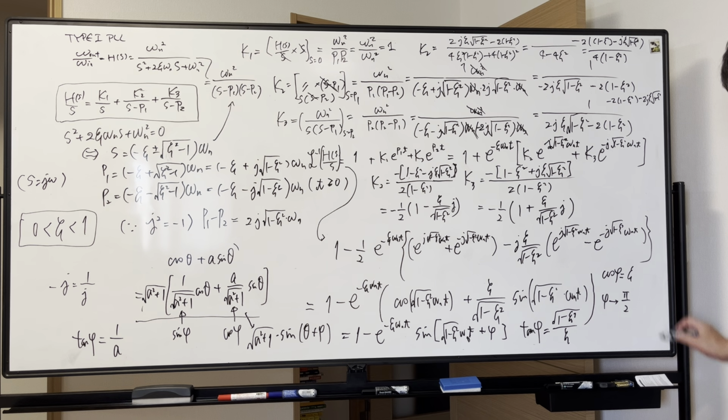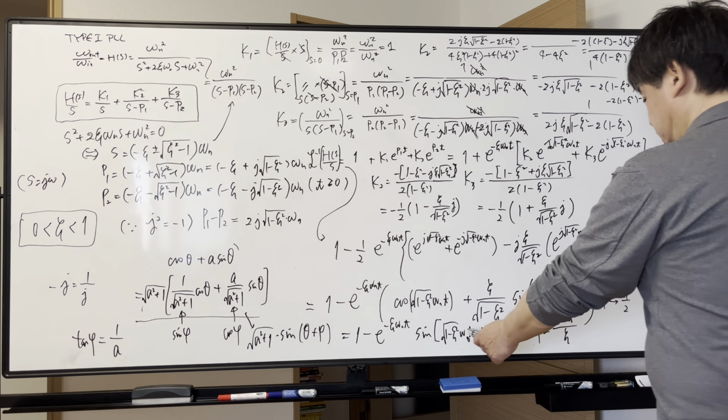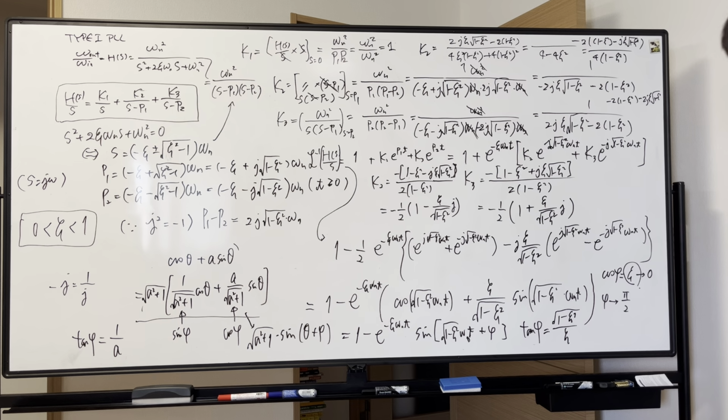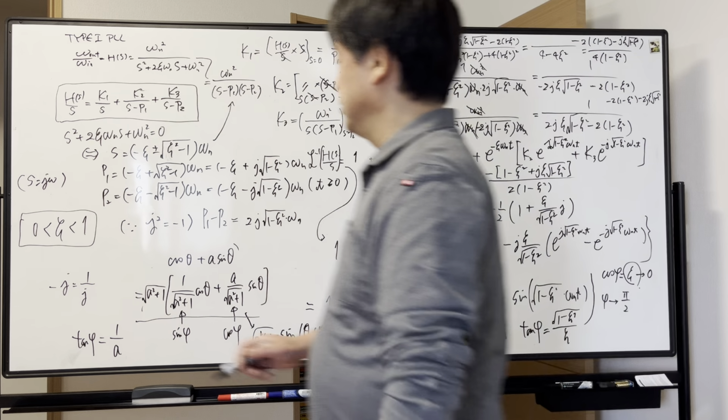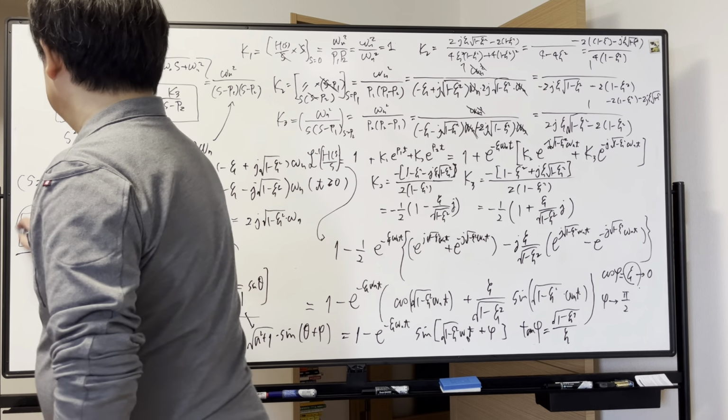If phi goes to half pi, this goes to 0. This makes total oscillation. And zeta equals 1 where phi equals 0. If phi equals 0, zeta goes to 1. And this is going to 0, and this is just 1. But the derivation assumes just this case.